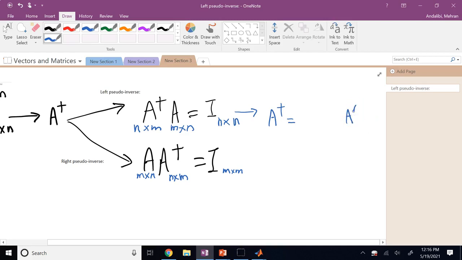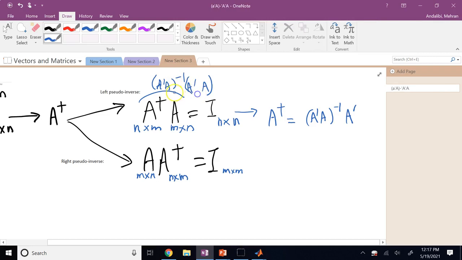A transpose to multiply by A, and here you do also A transpose times A, and you invert it. So if you multiply that by A, clearly this thing is going to become A transpose times A inverse times A transpose, and this whole thing is now multiplied by A.